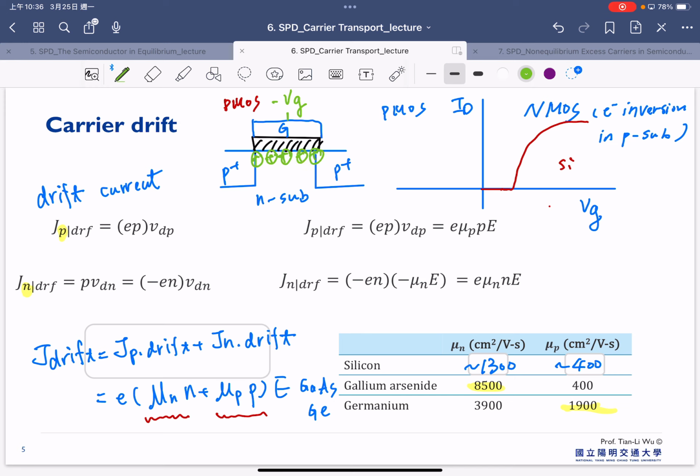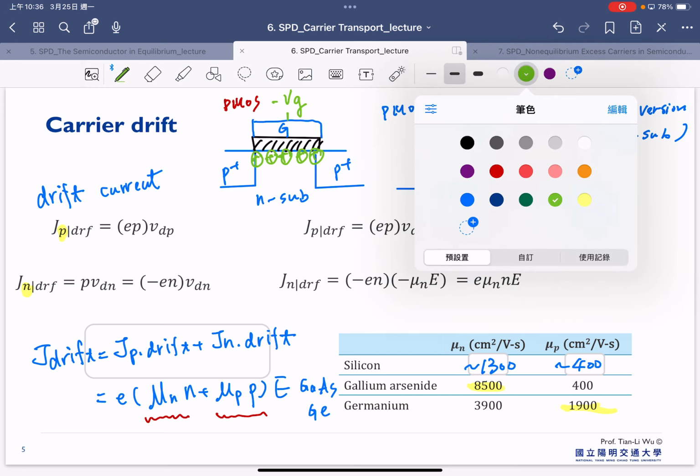So now you can see that's still very similar to the case of NMOS, but in NMOS we apply the positive gate bias, and we start to attract the electrons in the channel. In the case of PMOS, we apply the negative gate bias, and now we attract the holes in the channel here. And still the same, the rest of the detailed operation we won't talk about here. But the concept is still the same.